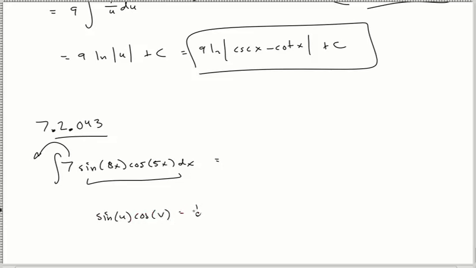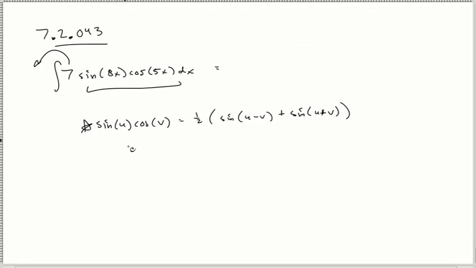It looks something like this. 1/2 times, and then I got my sine. Is it sine or is it cosine? Yeah, sine of u minus v, and then I've got my sine of u plus v. Does that look familiar? Anyways, that's my formula that I'm going to use for this guy.